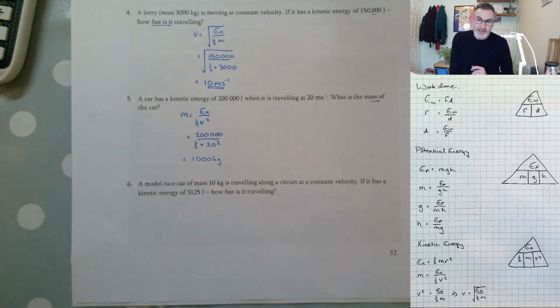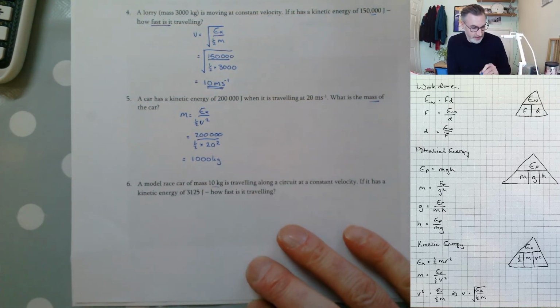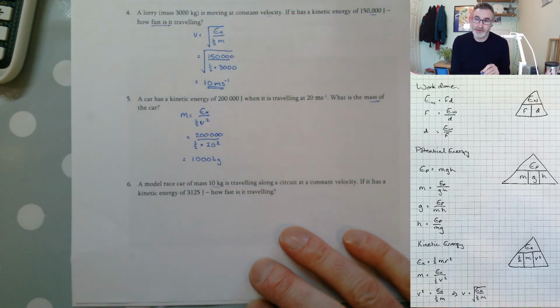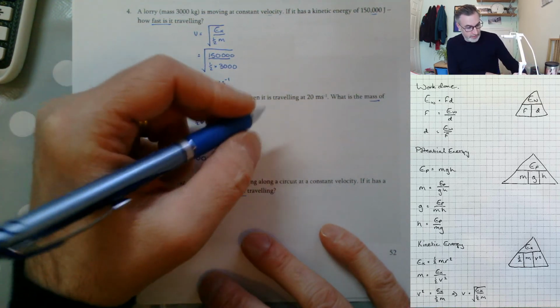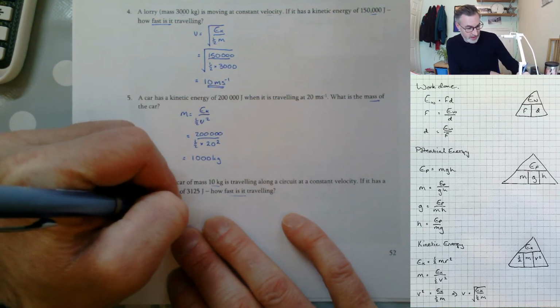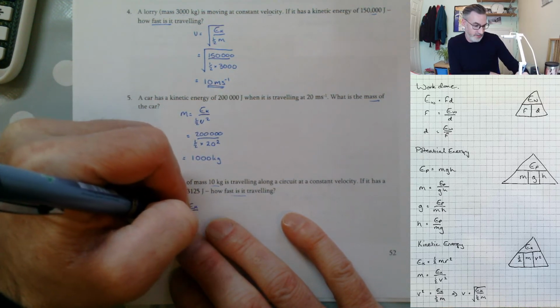And lastly, question 6. A model race car has a mass of 10 kilograms travelling on a circuit with a constant velocity. If it has kinetic energy of 3,125 joules, how fast is it travelling? So we're looking for velocity again. v is equal to the square root of EK over half m.